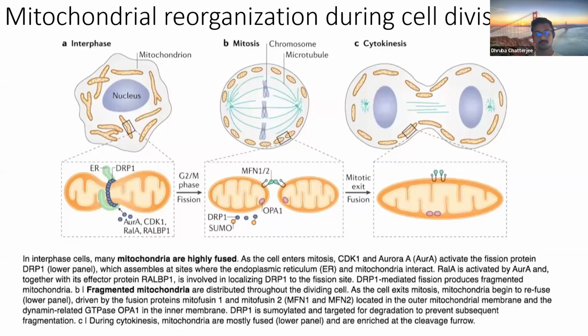But during the mitotic stage, there's considerable fission or segmentation of the mitochondria into smaller membrane-bound organelles, which are again actively segregated between the two daughter cells that will eventually be formed because of mitosis. But after division, there is again fusion of these smaller mitochondrial sections to form the long mitochondrial tubules all over the cell.